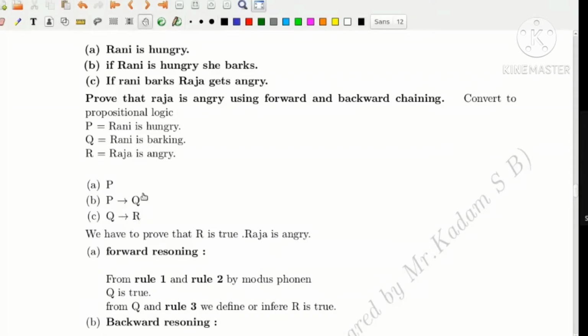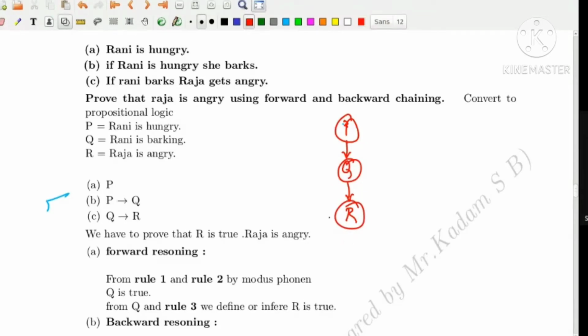So these are the first order logical statements, and the chain is like this: P implies Q and Q implies R. Now we have to prove that R is true.